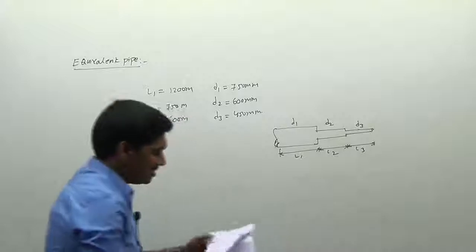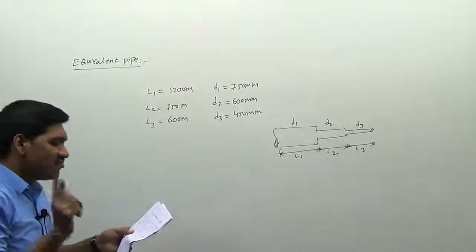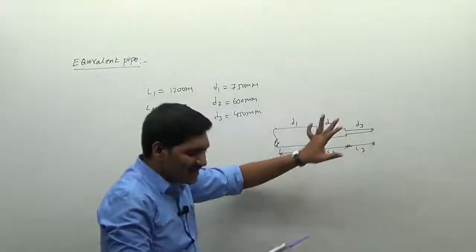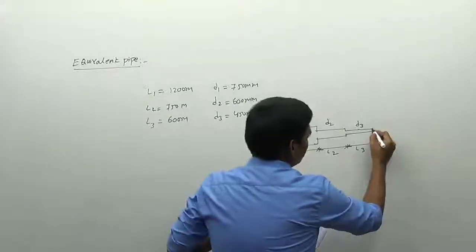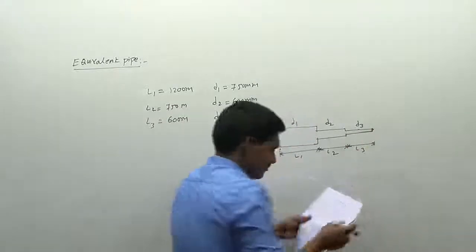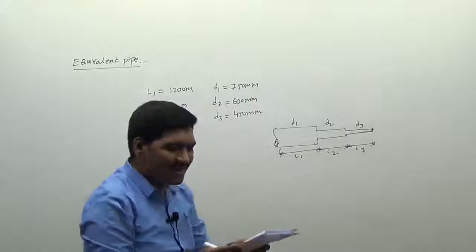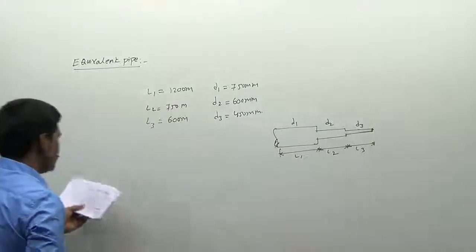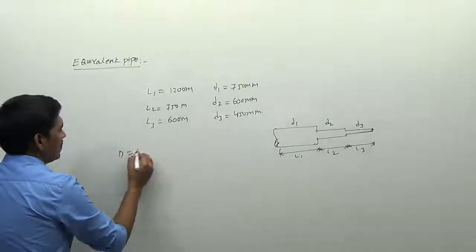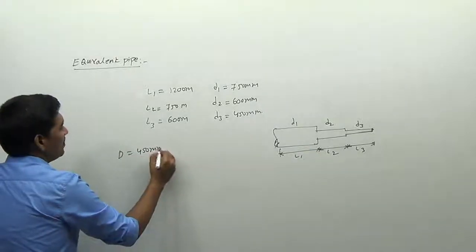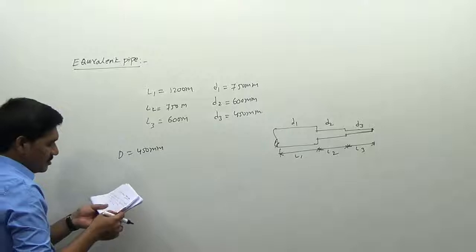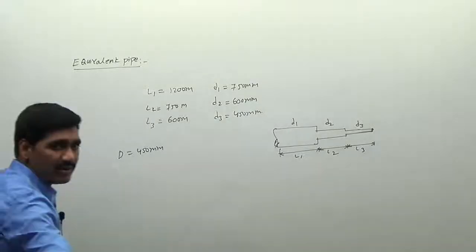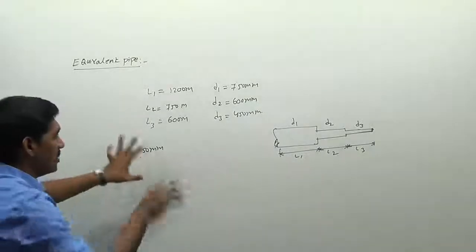Now see here. The first question is to transform the entire pipeline to an equivalent 450 mm diameter pipeline. So I should get the equivalent pipe of diameter equal to 450 mm. What should the length be?